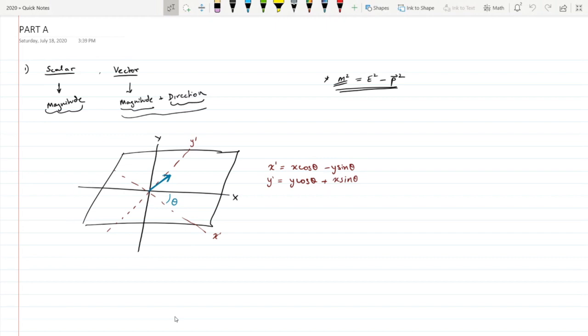This is essentially how I relate my new coordinates to the old ones.